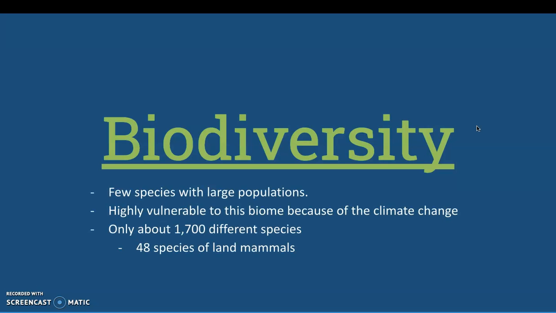Biodiversity. There are only a few species with large populations, and they're highly vulnerable in this biome because of climate change. There's only about 1,700 different species with 48 species of land mammals.